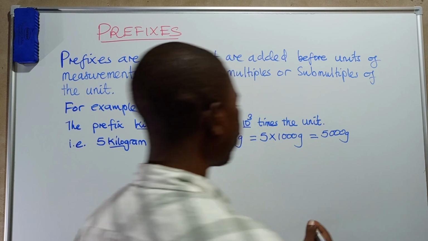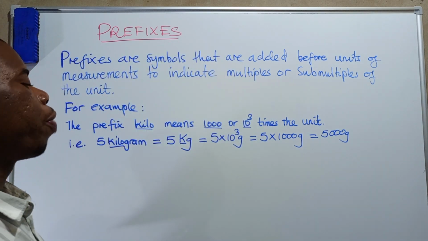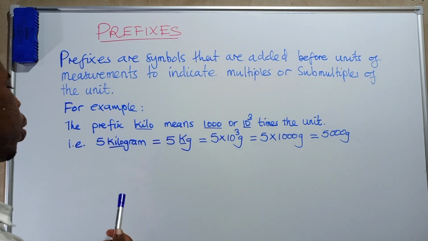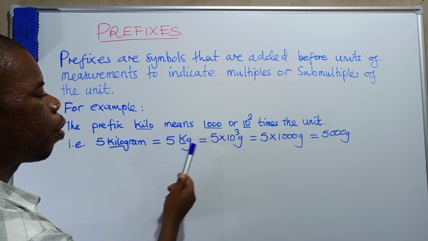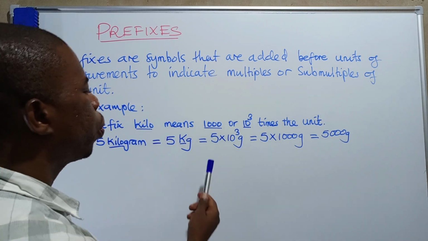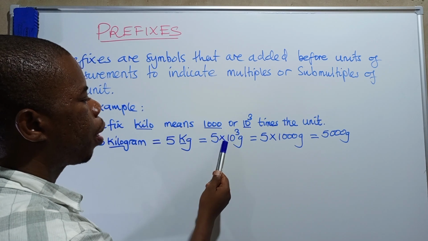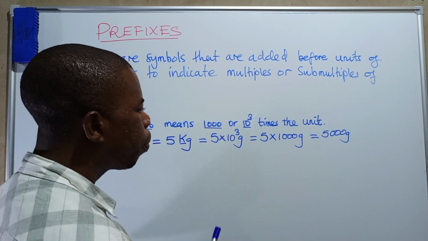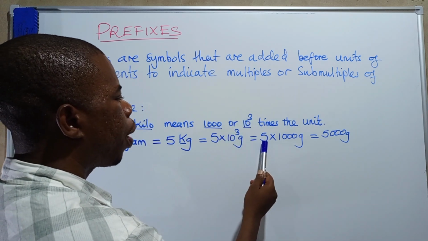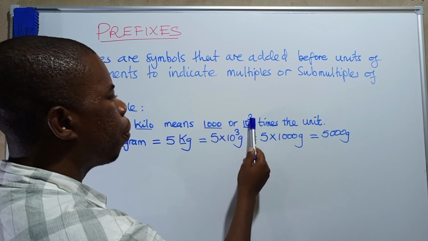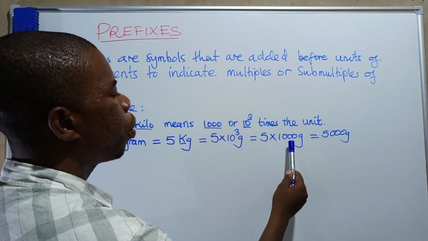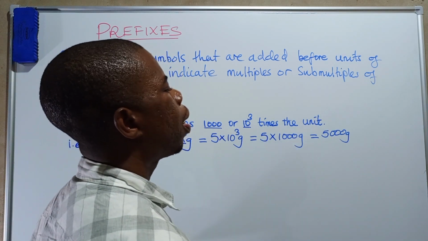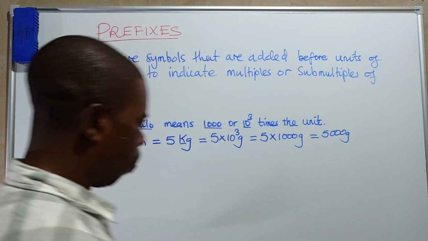So you see how we have worked it out. 5 kilogram becomes 5 times 10 to the power 3 grams, which is the same as 5 times 1000, which gives us 5000 grams.